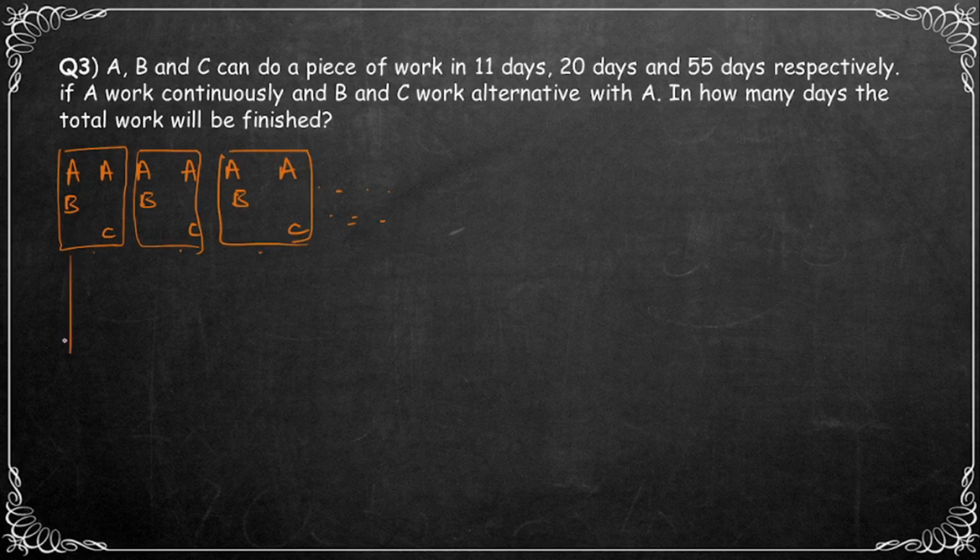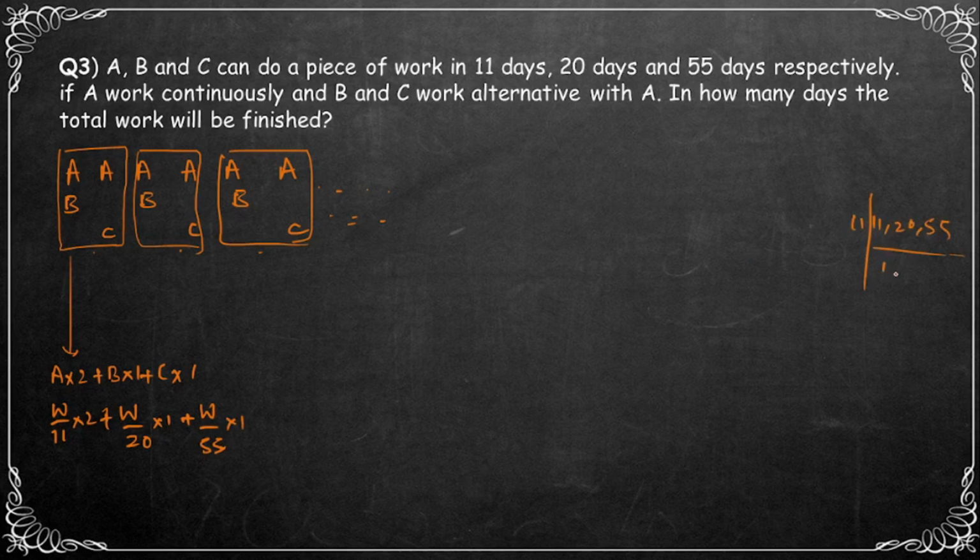So in one pattern, the amount of work done: A is working for 2 days, B is working for 1 day, and C is working for 1 day. So that is nothing but W by 11 into 2, plus W by 20 into 1, plus W by 55 into 1. Now 11, 20 and 55, if we take the LCM, it is 11 into 20 into 5 into 4, that is 220.